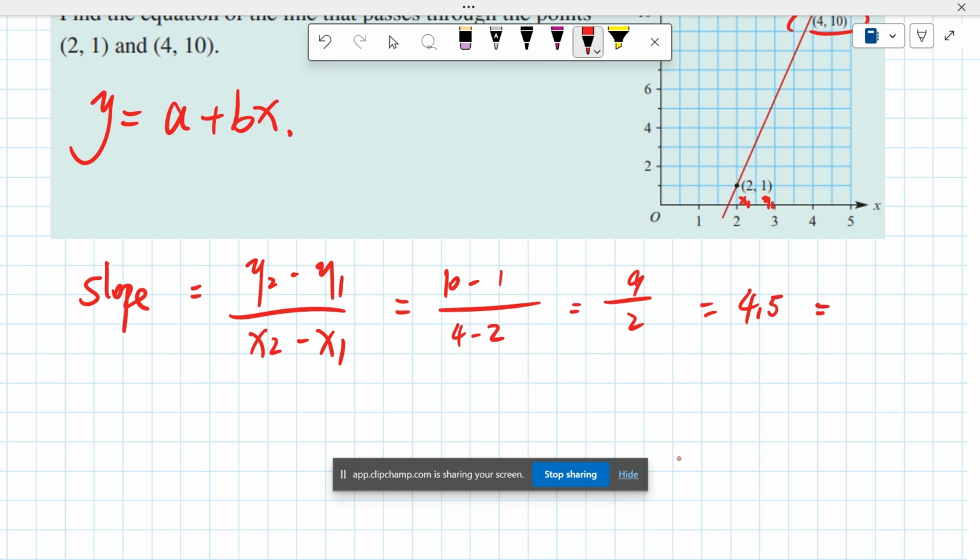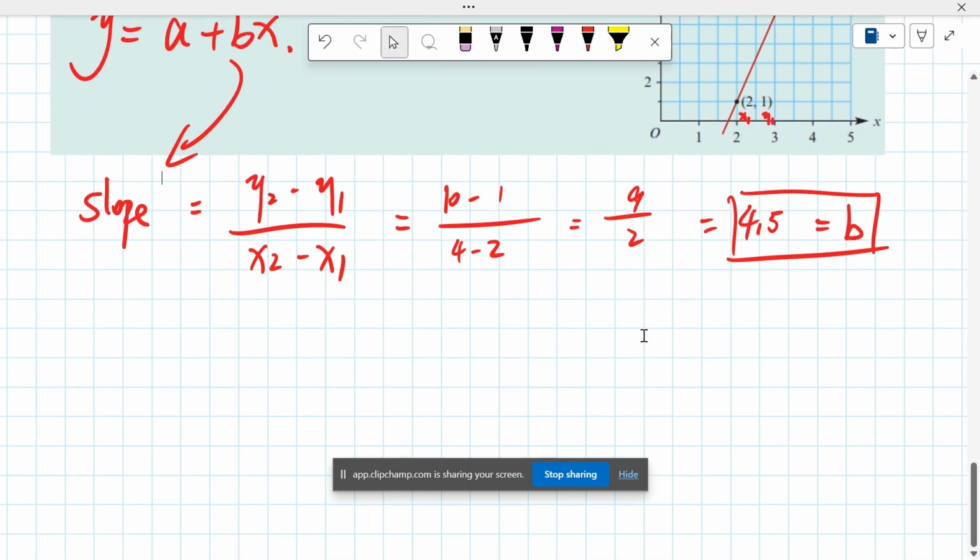Perfect, so that equals b. You know the slope is b. Now we figure out a using the point 2, 1.